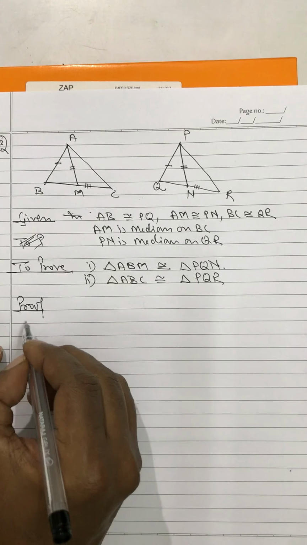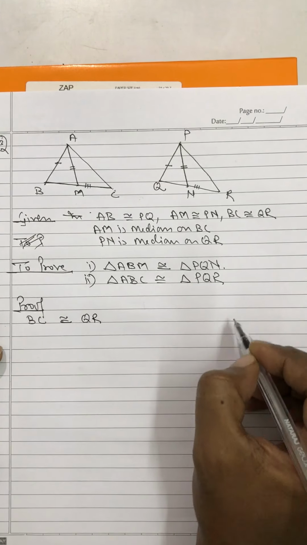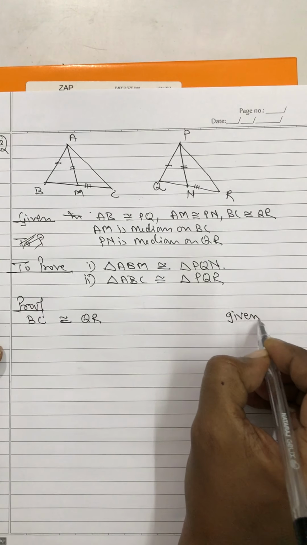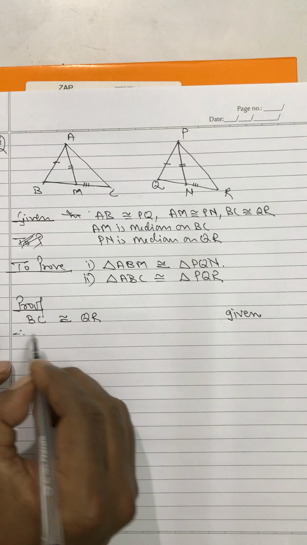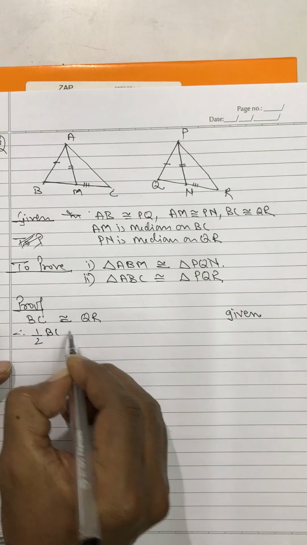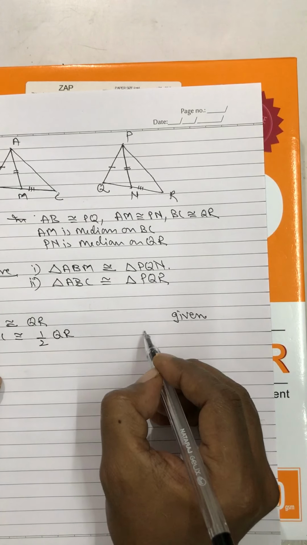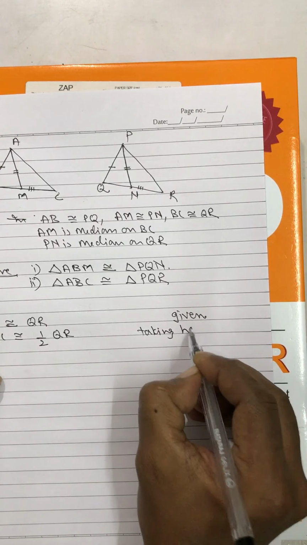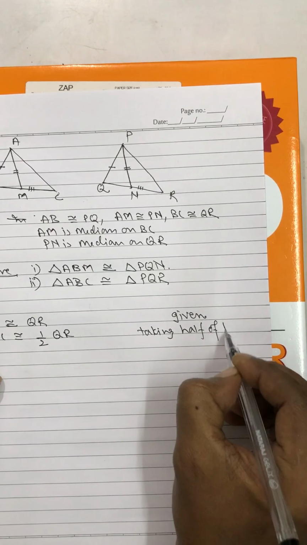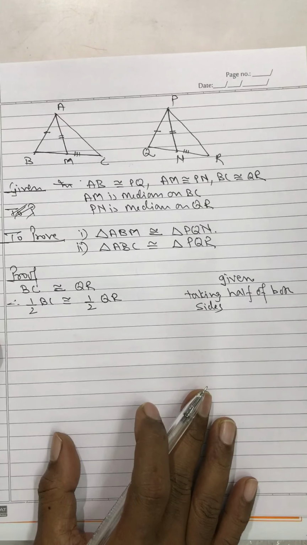So BC is congruent to QR. This is given. Therefore half of BC is congruent to half of QR. Here I can say taking half of both sides. Fine.